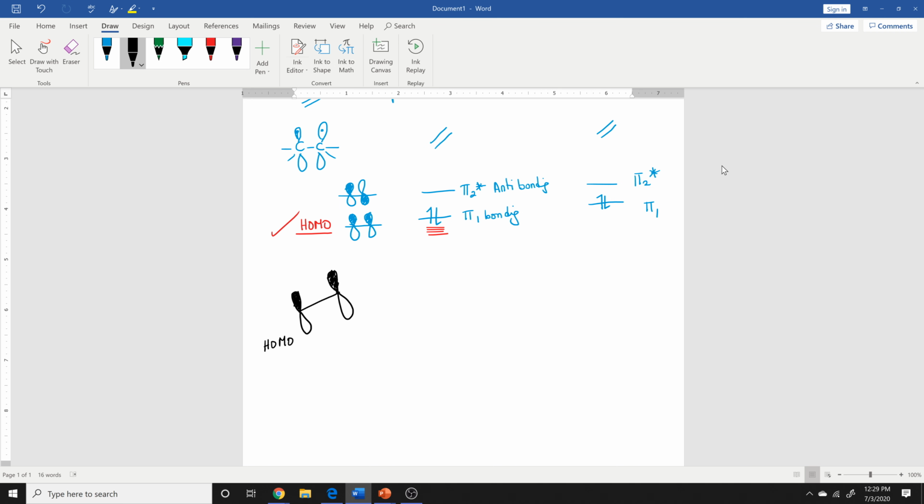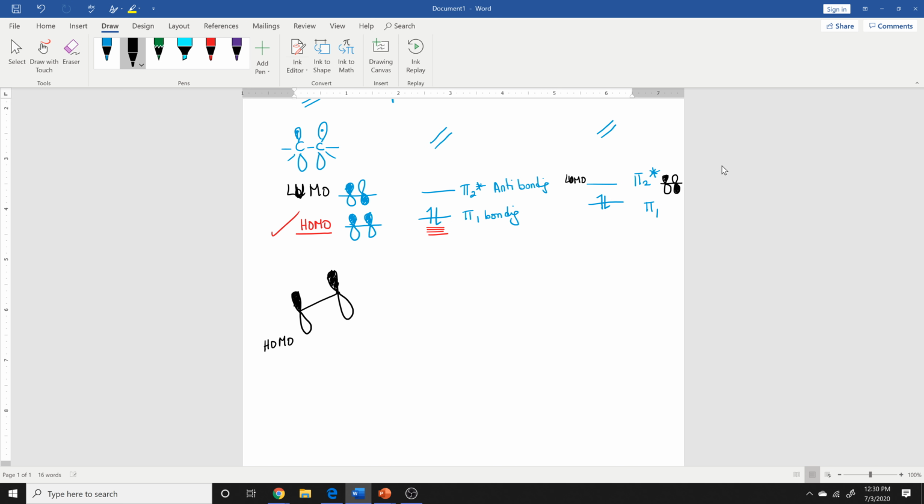So that is going to be my lowest unoccupied molecular orbital. Here this is going to be the same. Nothing is going to differ because both are the same. They are alkenes, these ethenes.